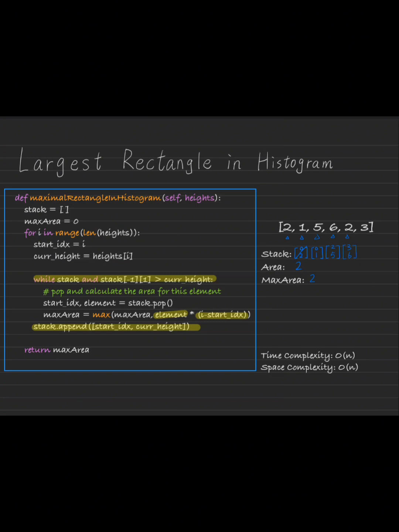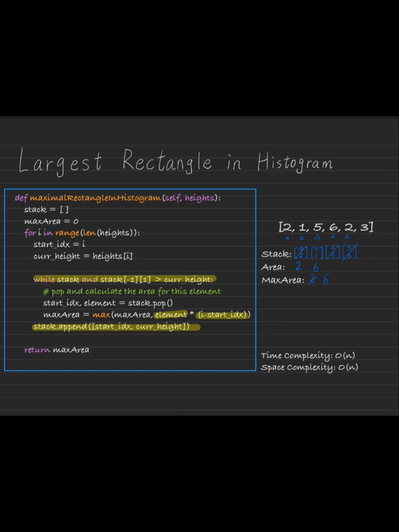Next up, the number 2. 2 is smaller than 6, which means we can pop 6 out now. Let's calculate the area for the number 6. The height is 6 and the width is 4 minus 3 equals 1, so the area is 6. And we update the max area. Since 2 is smaller than 5, we should keep popping 5.